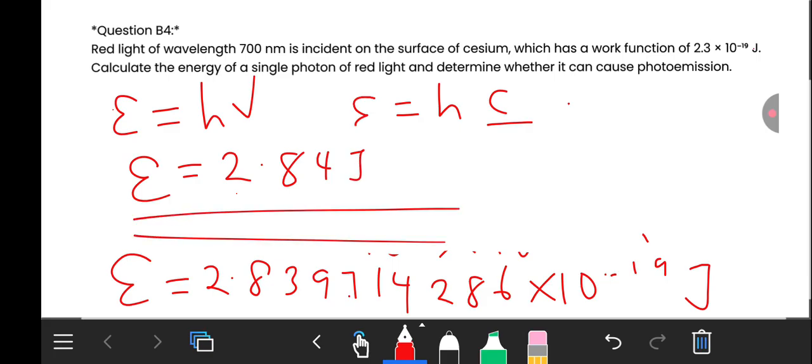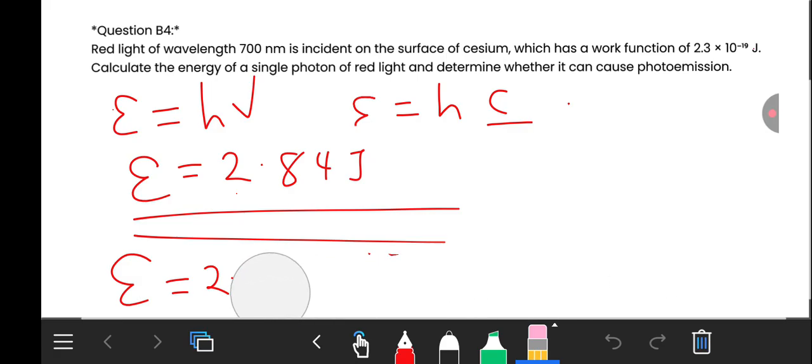The next question was to determine whether it can cause photo emission. Photo emission is simply the process by which electrons are emitted from the surface of a substance or a metallic substance when light strikes on it. Photo means light, so light strikes on a metallic surface, then electrons are emitted. That is photo emission.